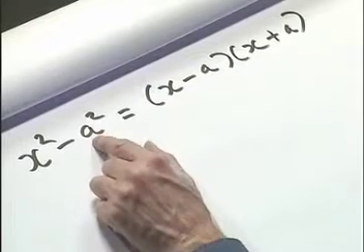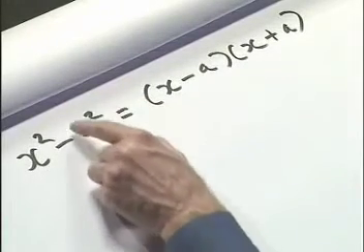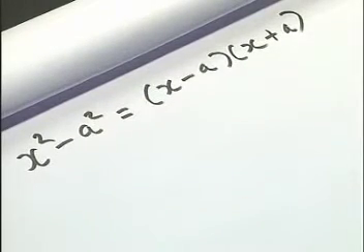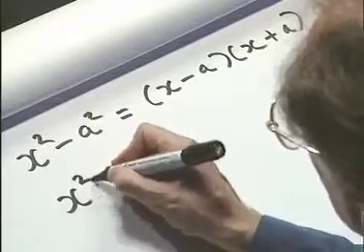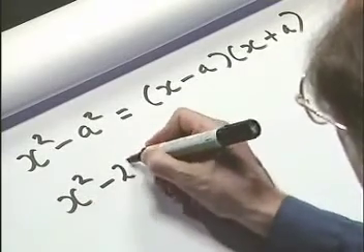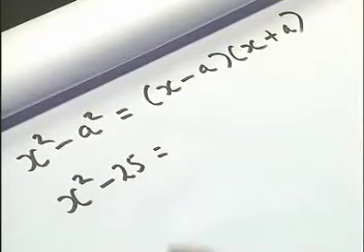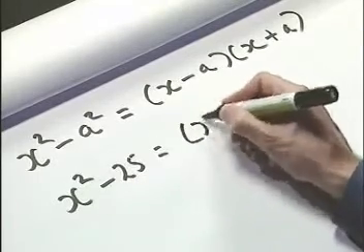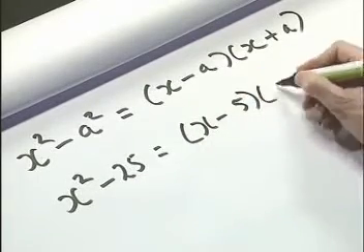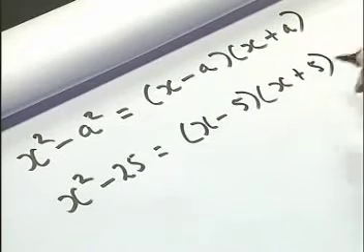So that if we can identify this number that appears here as a square number, we can use this factorization immediately. So what if we had something, say, like x squared minus 25? Well, we recognize 25 as being 5 squared. So immediately we can write this down as x minus 5, x plus 5.